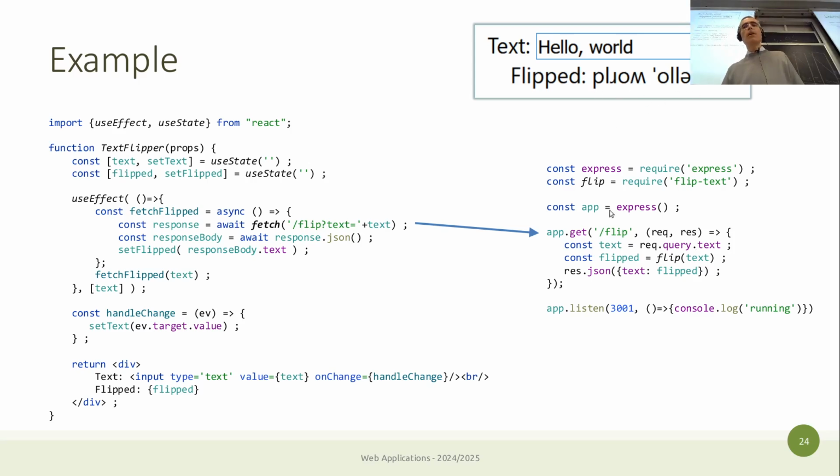On the server side, what do we have? Very simple stuff, no database. That's the simplest example that we have. No database, because we just use a library that takes a string as input, flips it and gives it back to us. So we just have a route .get /flip, request, response, query text, because we pass it after the question mark.